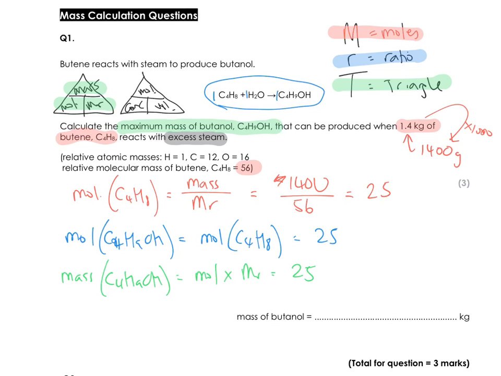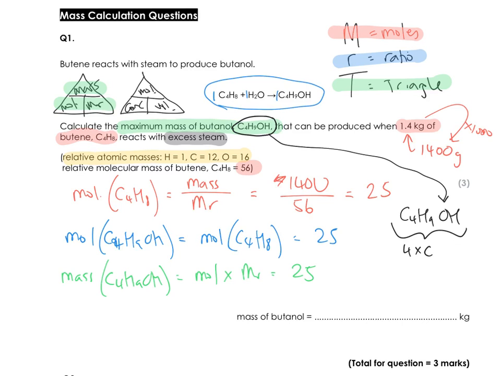So the numbers we need are here, the relative atomic masses. So to work out the relative mass of the butanol, we need those numbers, and that's that formula here. So let's just work that out over here. So if it's C4H9OH, that means that there are 4 lots of carbon, there are 10 hydrogens, there's 9 here, but there's also 1 here, and there's 1 oxygen.